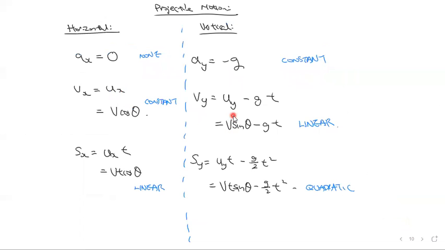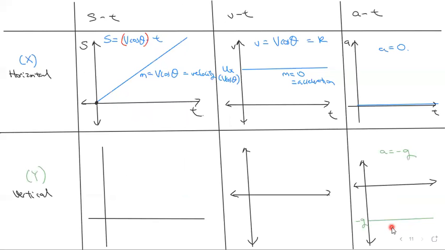It's going to start with some upward velocity, but then you're going to get minus gt, which means it's going to get slower and slower. And so that means you will now go down like that. So it's going to look at this as v sine theta. And this gradient is going to be negative g, for the same reason as we said here, right? The gradient is going to represent the acceleration.